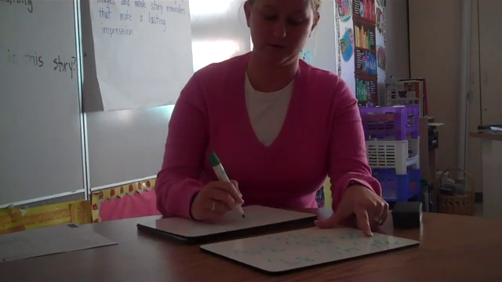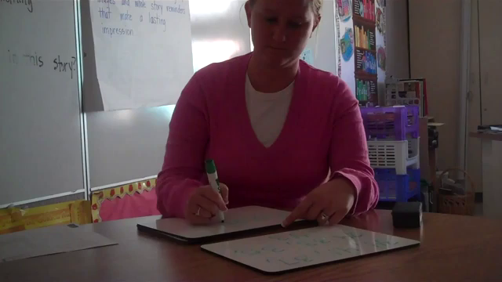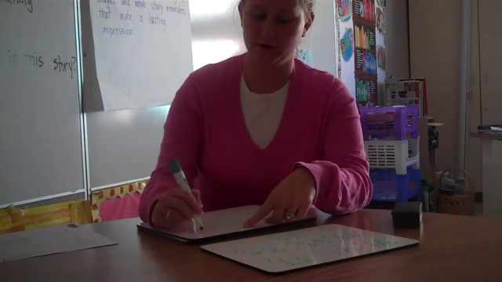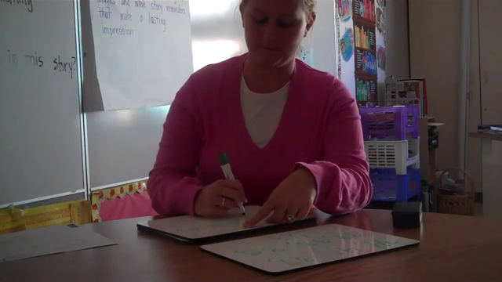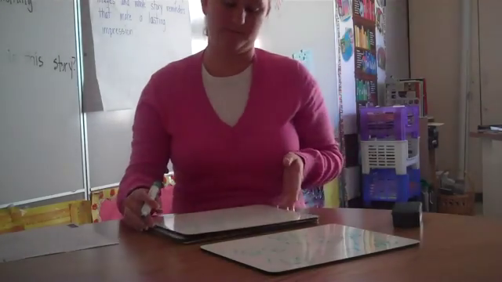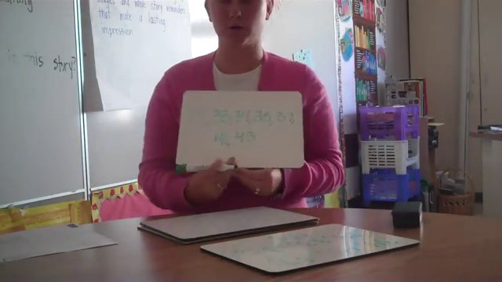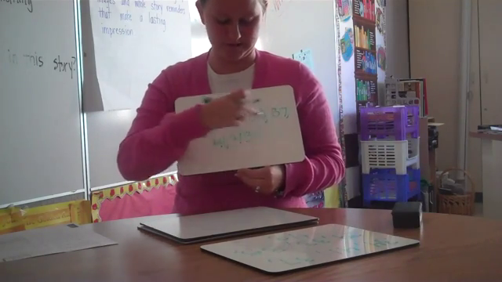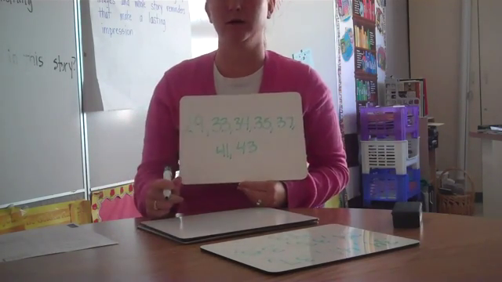The next one is 34. The next one is 35. 37, 41, and 43. Okay, so here the numbers are in order from least to greatest: 29, 33, 34, 35, 37, 41, and 43.